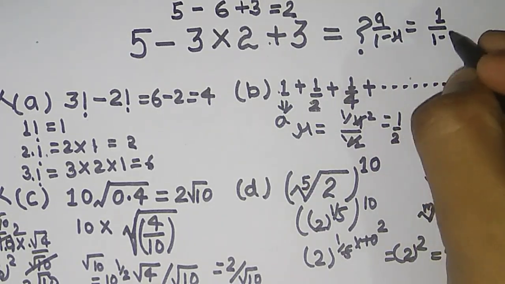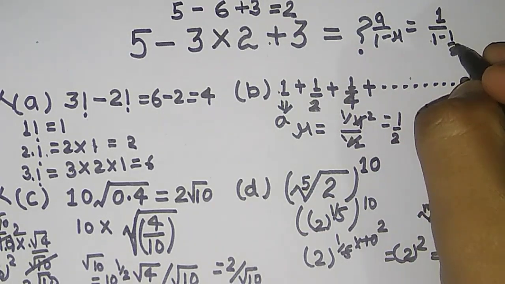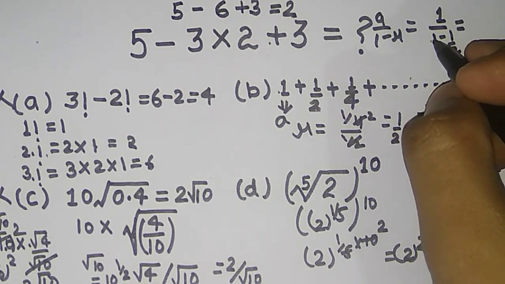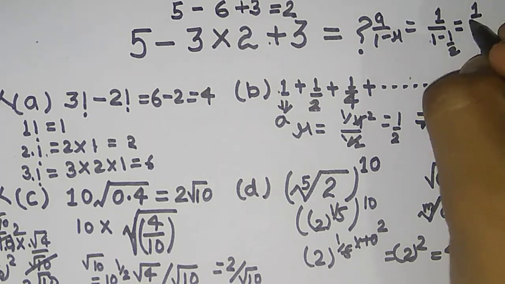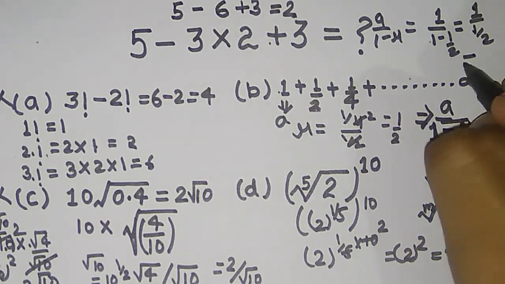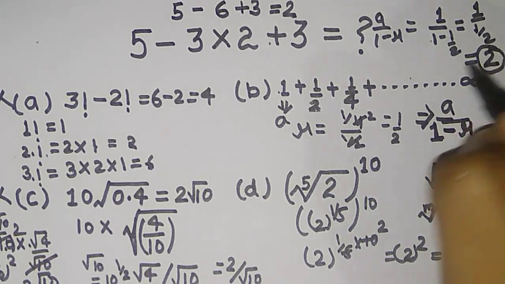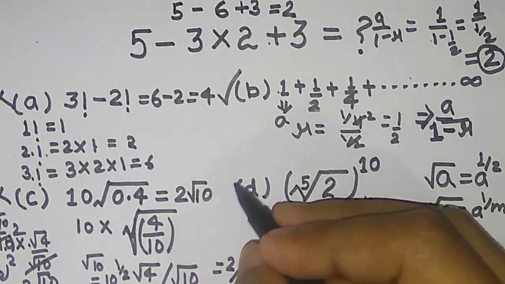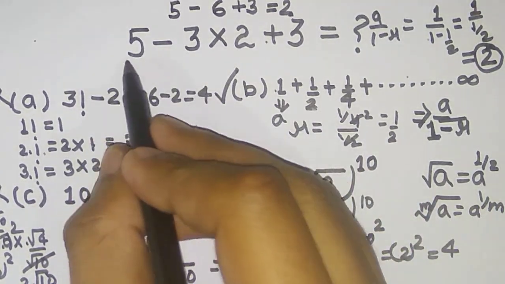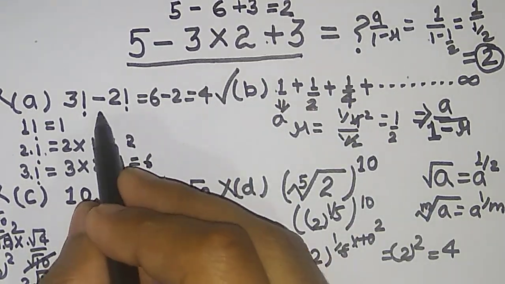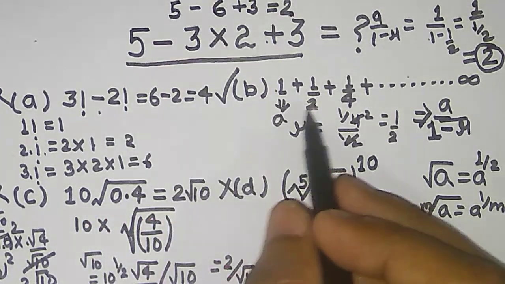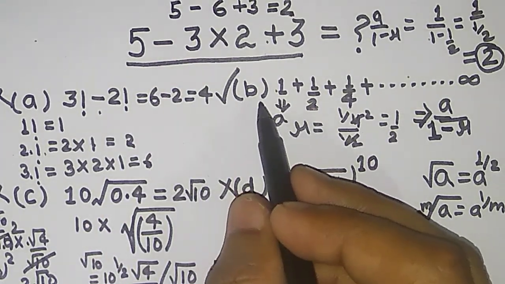If we subtract 1 by 2 from 1, then it will be 1 by 2. And 1 upon 1 by 2 will be equal to 2. So this option is correct. To get the value of this, we need to expand all of this. We need to understand all these options, and the correct option is B.